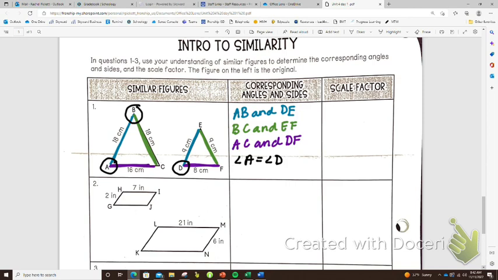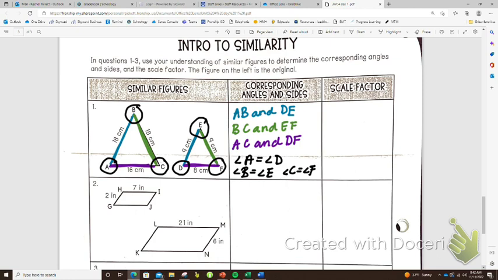Angle B is connected by blue and green, and that matches up with angle E. So angle B is equal to angle E. And finally, angle C is purple and green, which matches up with angle F. So angle C equals angle F.